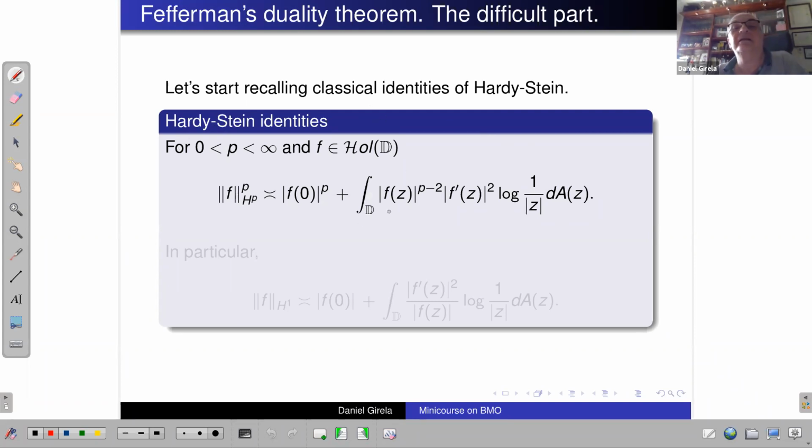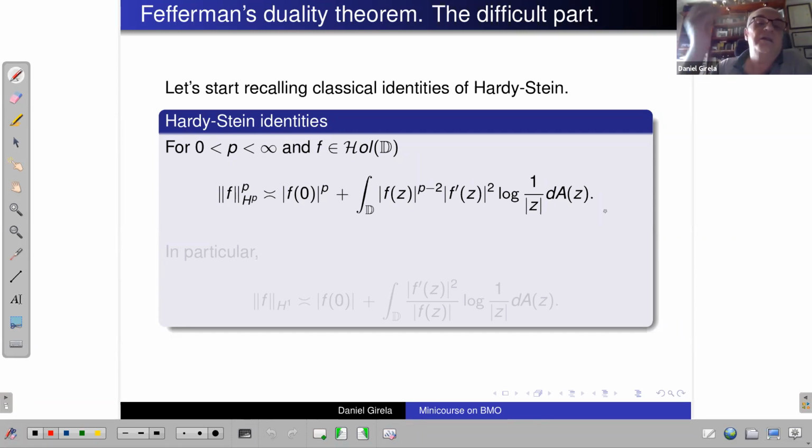This is an expression of the Hp norm of a function in terms of an integral involving the derivative of the function. When p equals 2, this reduces to the well-known Littlewood-Paley identity. But for other values of p, we have this. This is a classical result, and it's not difficult to obtain.